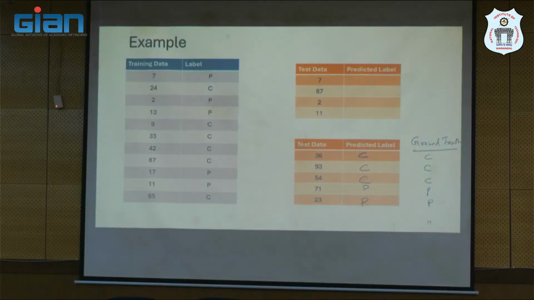It may so happen that you predicted like this. So you have got 1, 2, 3, 4 correct, one of them incorrect. So the prediction accuracy would be 4 out of 5, which is 80%. Okay. So the terminologies are clear, right? So that is how we will quantify the accuracy of prediction. How many we could correctly identify compared to our ground truth. So we need to know this to be able to check.